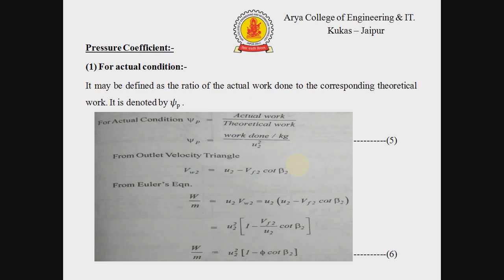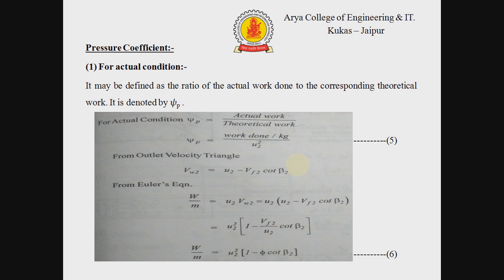Now we discuss the pressure coefficient. First we discuss the actual condition. It may be defined as the ratio of actual work done to the corresponding theoretical work done. It is denoted by psi p. For the actual condition, psi p is equal to actual work divided by theoretical work, or work done per kg divided by u2 square. From the outlet velocity triangle, VW2 is equal to U2 minus VF2 cot beta 2.